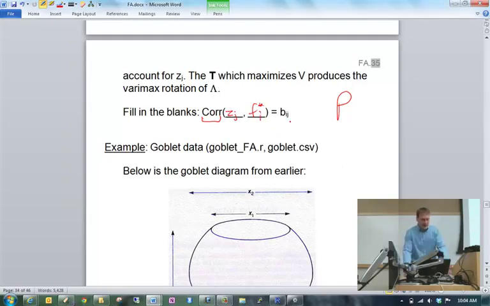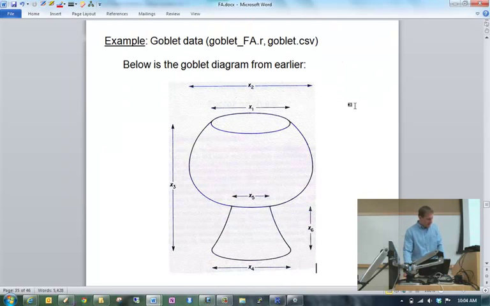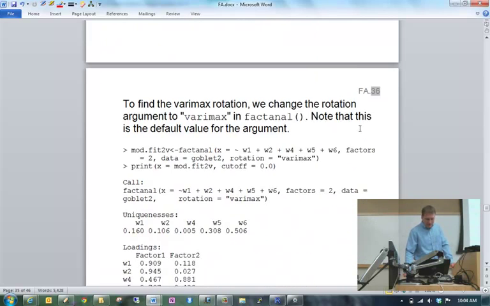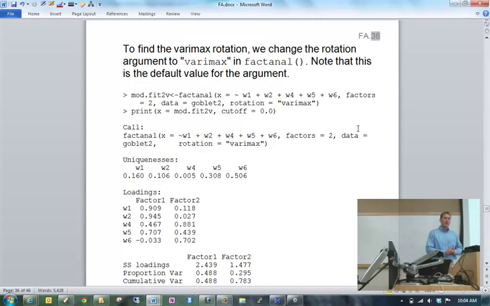So let's apply these ideas now to the goblet data set. Here's the old goblet diagram to help you see what's going on. I'm going to use the Varimax method with this. We're going to use exactly the same code as before. I'm going to put the results into mod.fit2v to stand for Varimax.